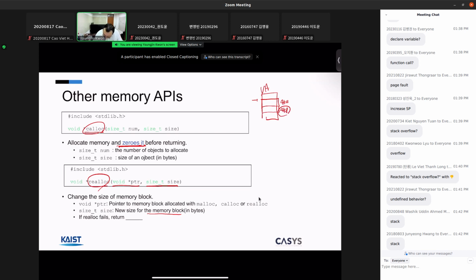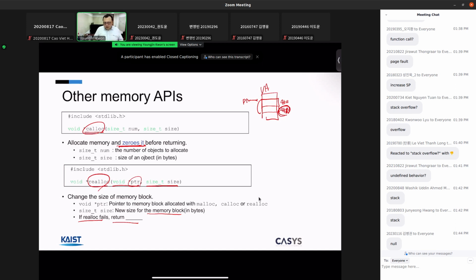Then you have the pointer ptr with the 4 kilobyte range of virtual address space allocated. If realloc fails, obviously it returns what? Null. Okay.